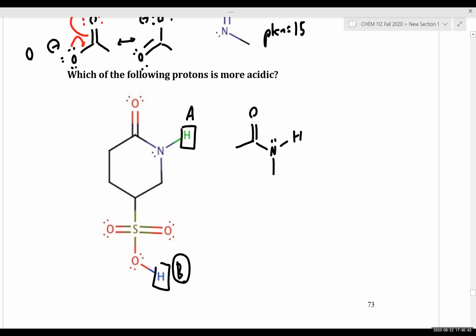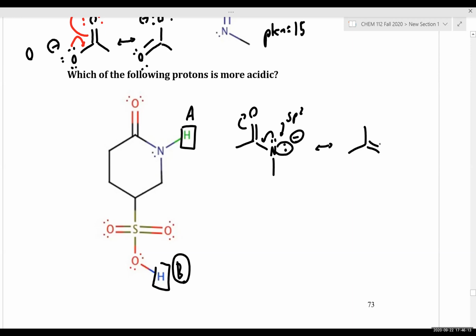And now this is partially where we have to consider a few things about the anion generated. So suppose we do generate an anion. One of our lone pairs is going to be localized on an sp2 nitrogen, while the other lone pair is delocalized.